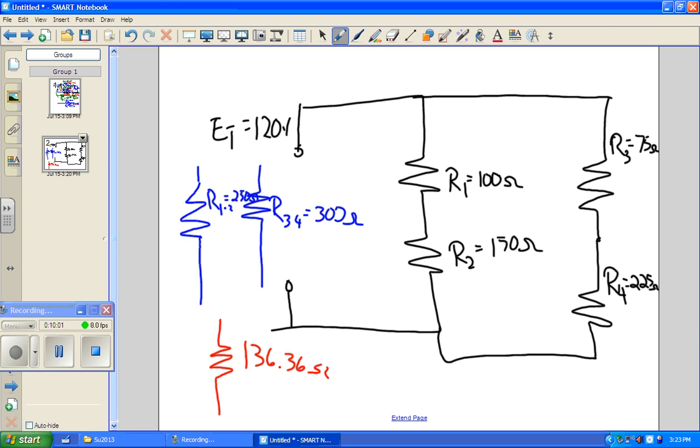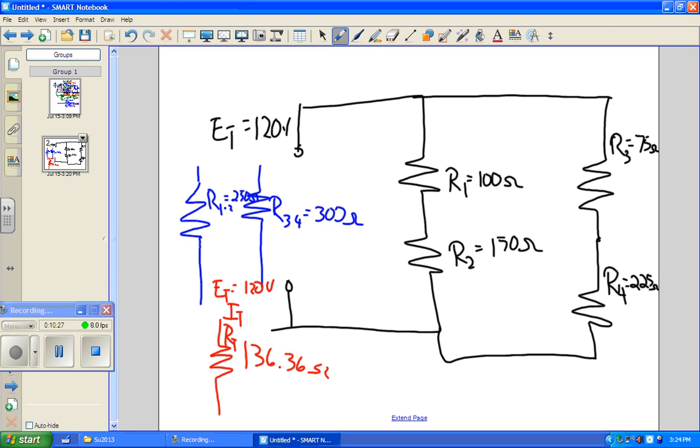So here, this is RT. So we're going to have ET, which we decided is 120 volts. So we're going to have a total current here of 120 divided by 136.36. And if you've got 136.36 in your calculator, don't hit anything else.